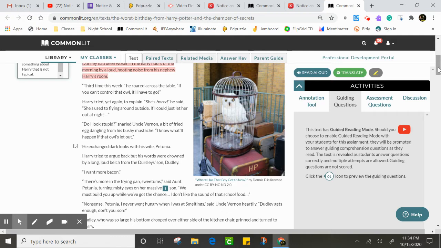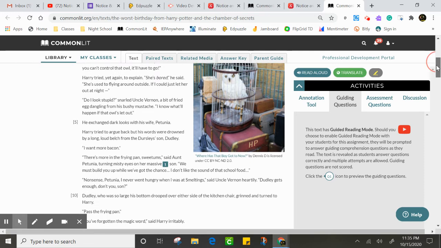I know what'll happen if that owl's let out. He exchanged dark looks with his wife Petunia. Harry tried to argue back, but his words were drowned by a long belch from the Dursley son Dudley. I want more bacon.